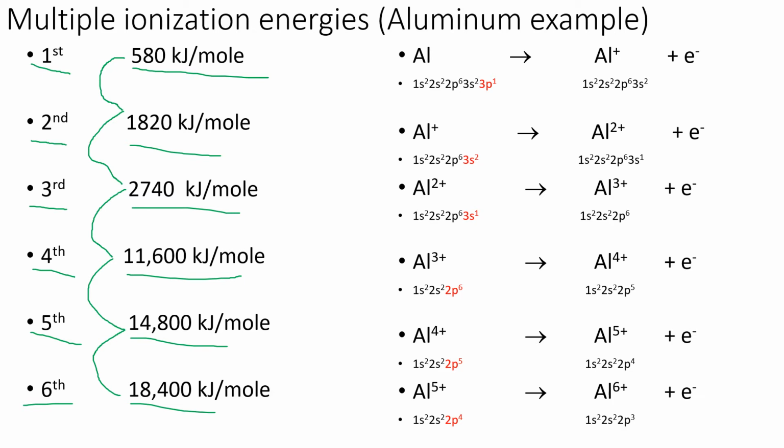And this should make sense because remember, what's going to dictate that closeness to the nucleus? Well, it's going to be that pull from the nucleus, but it's also going to be electron-electron repulsion. Every time we remove an electron from the atom, we're going to reduce electron-electron repulsion.